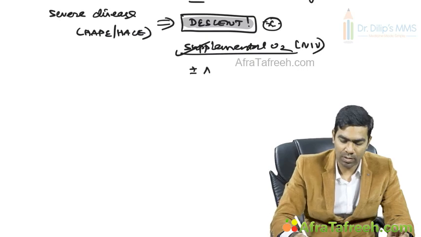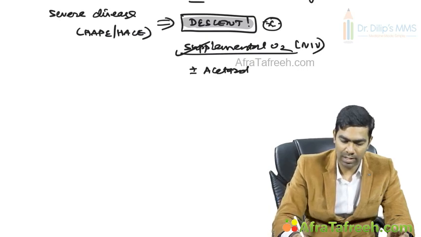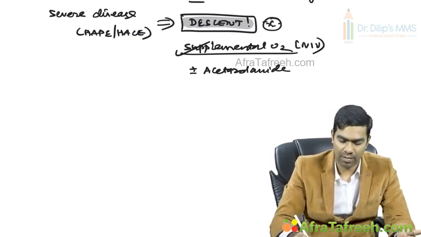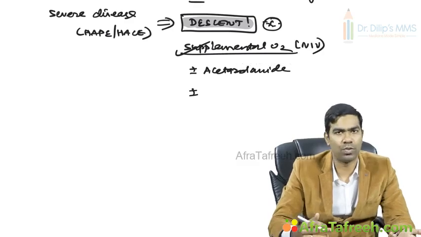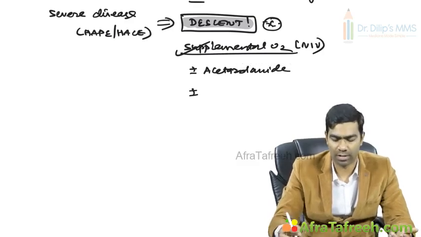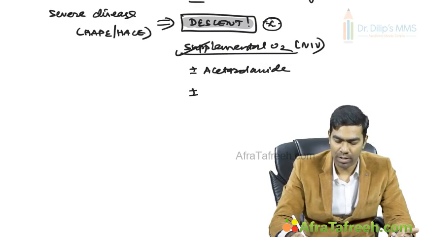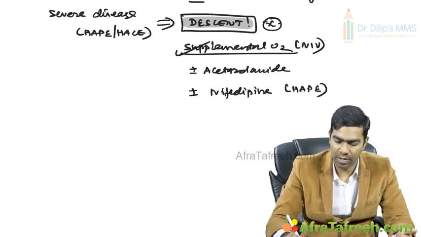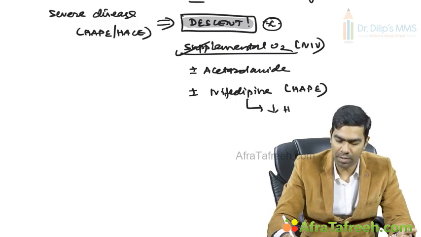Plus or minus, you can use other drugs like acetazolamide, which produces acclimatization anyway, but that is not that useful in this severe form of illness. Plus or minus, you can give drugs like nifedipine. Remember, nifedipine is typically used for high altitude pulmonary edema, because it produces pulmonary vasodilation and reduces hypoxic pulmonary vasoconstriction.